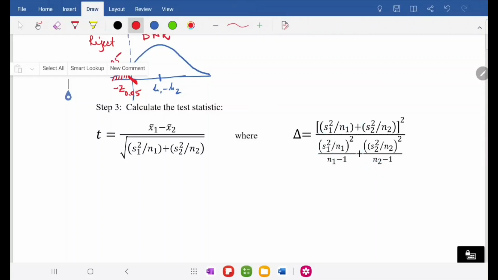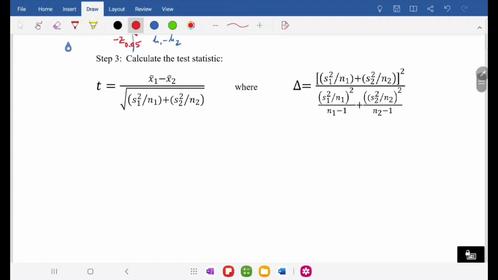Okay, so the degrees of freedom has to be found using this formula. So I'm going to just quickly write down now. For the exams, I'm going to give you the value of the degrees of freedom so that you don't have to spend too much time.